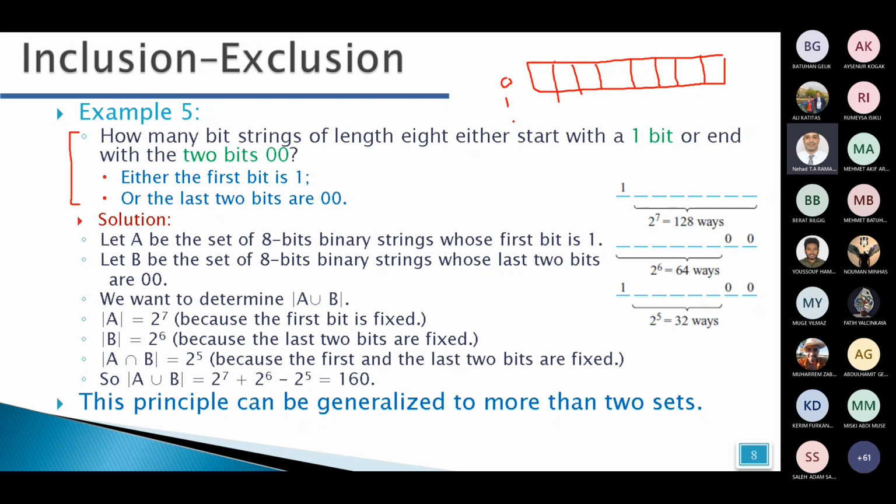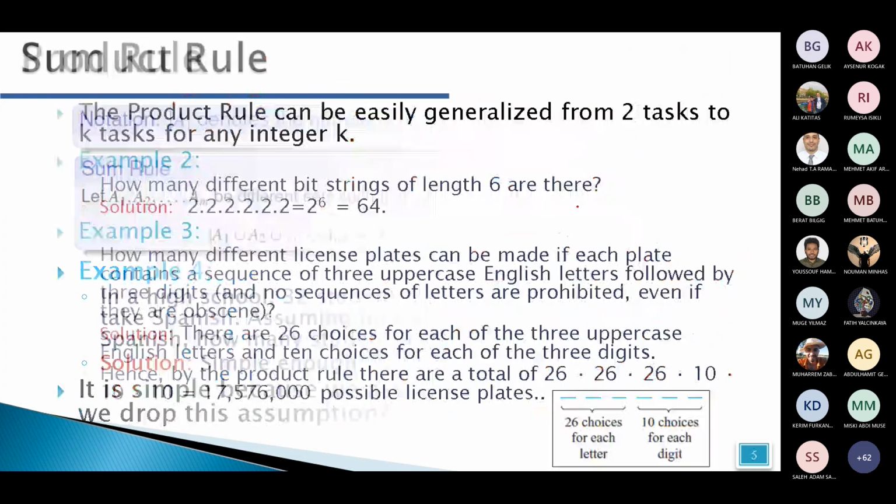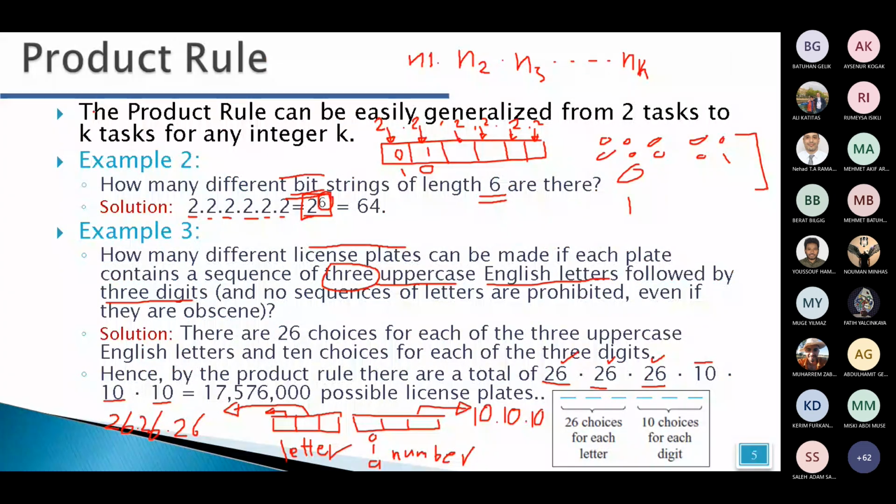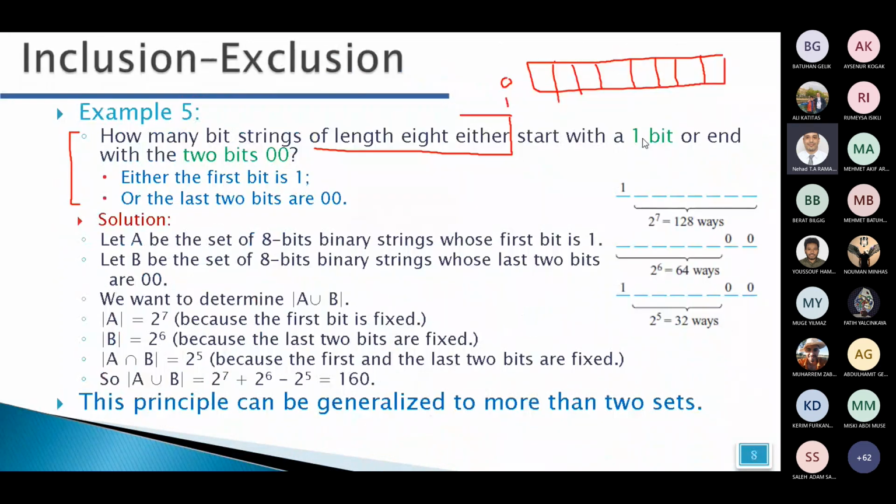Until here, it's easy. It's multiplication, the same product rule. But what's the difference here? Here makes the difference: the bit string starts with 1 bit or ends with 2 bits 0, 0.